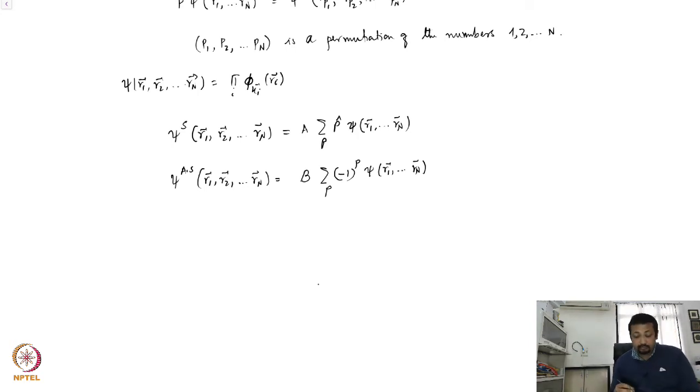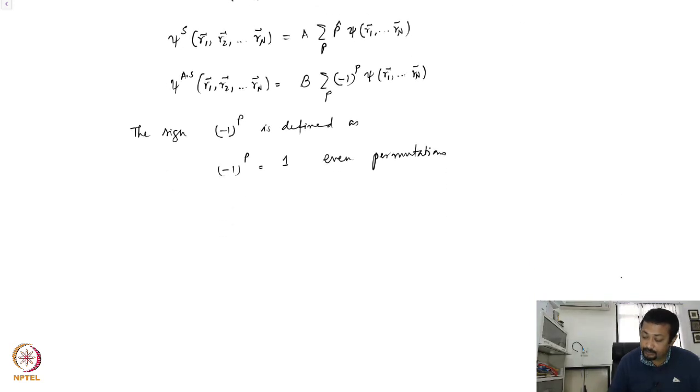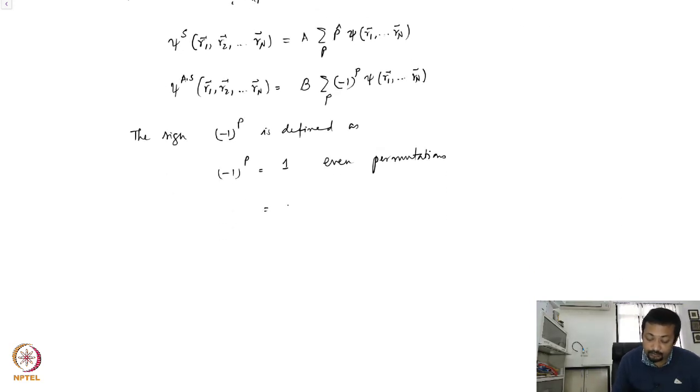Now, the sign minus 1 raised to the power P is defined as follows: it is equal to 1 if there are even permutations and is equal to minus 1 if there are odd permutations.